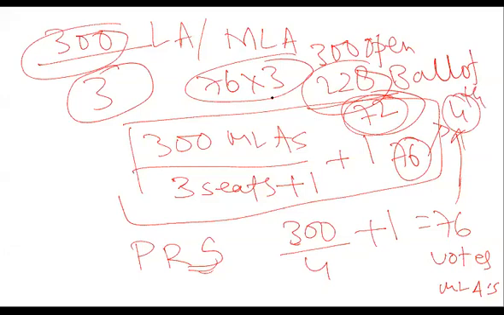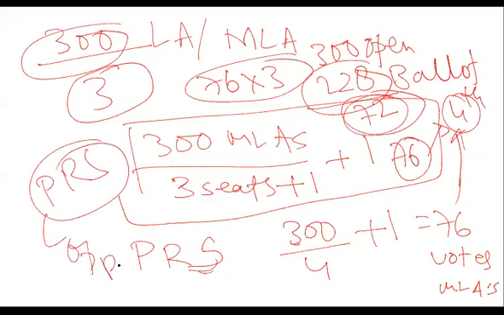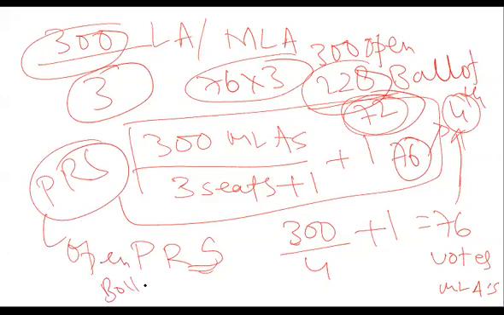And this is the reason why we say that proportional representation system and open ballot system are used for the election to the Rajya Sabha. So, proportional representation with open ballot system. Now I hope you understood proportional representation.